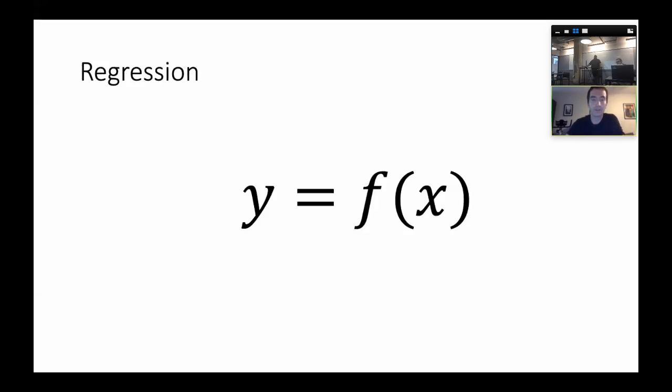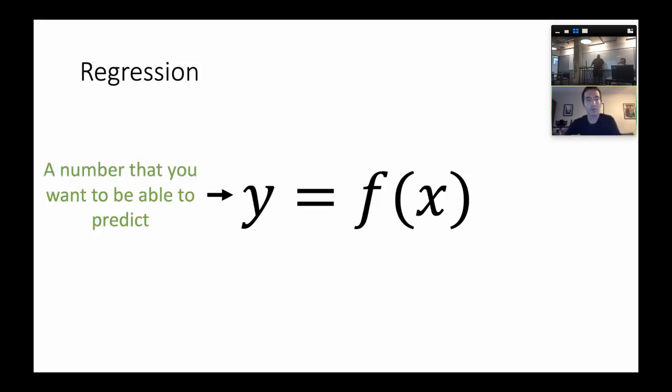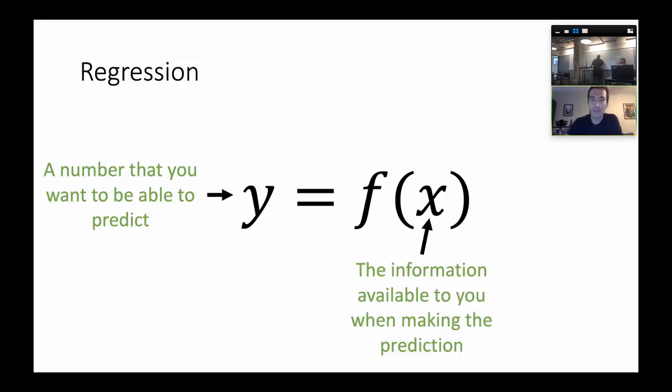Okay, let's talk a little bit about the general concept of regression. Regression can be represented by this equation, where on the left you have some number that you want to predict. If it were a class that you were predicting, that would be a classification problem. In regression, you're predicting some number. I'm using x to represent the information that you have available to you when you're making the prediction of y.